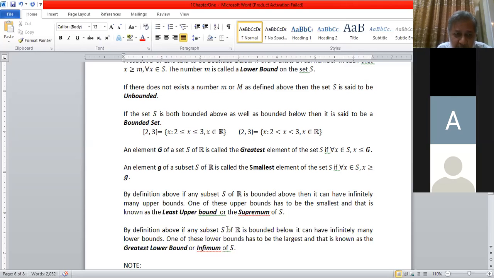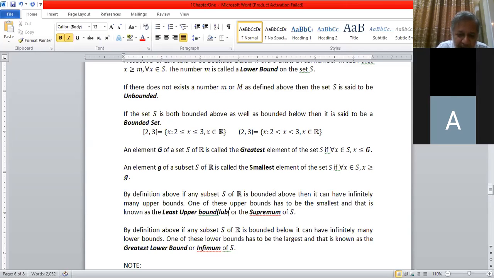If a set is bounded below, then it can have many lower bounds, and the greatest of them is called the greatest lower bound. Brief terms used are least upper bound के लिए LUB and greatest lower bound के लिए GLB. But in this course, mostly we will be using the terms supremum and infimum of the set.